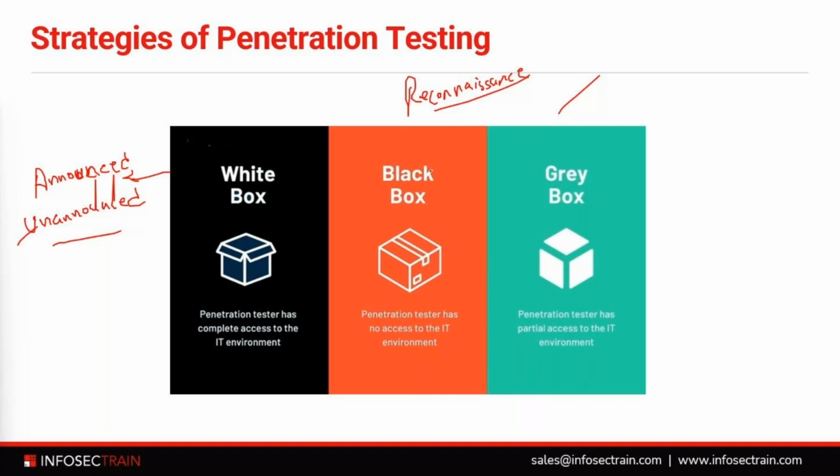What are those two types? So the two types of black box testing are, first one, blind, and second one, double blind.